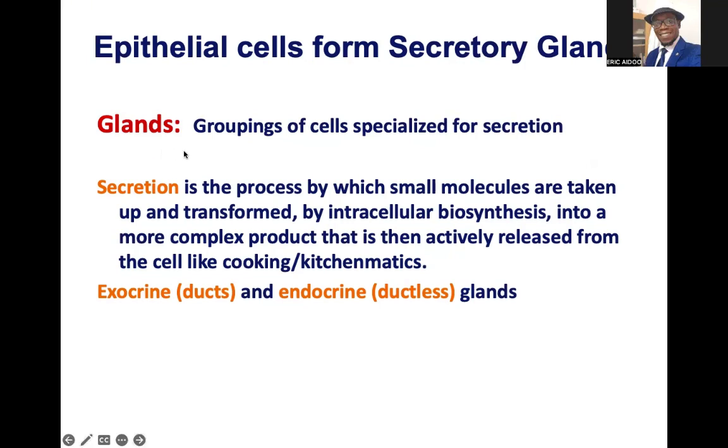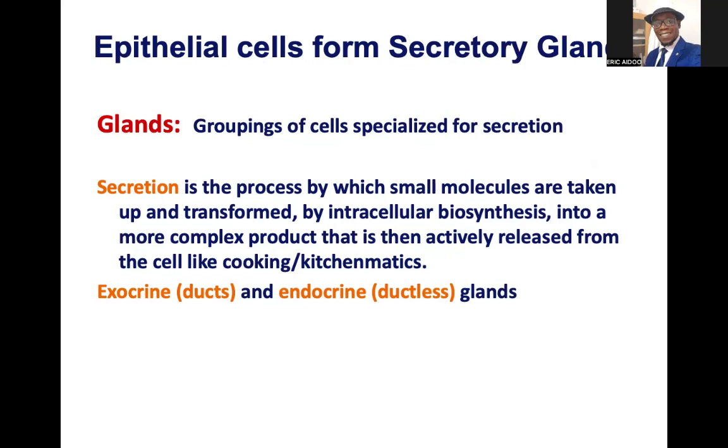So we will say that glands are groupings of cells specialized for secretion, and secretion is the process by which small molecules are taken up and transformed by intracellular biosynthesis into a more complex product that is then actively released from the cell, just like when you are cooking in the kitchen, you put a few things together, like a little onion, pepper, tomatoes, then you add some salt to it, and it becomes something palatable, right?